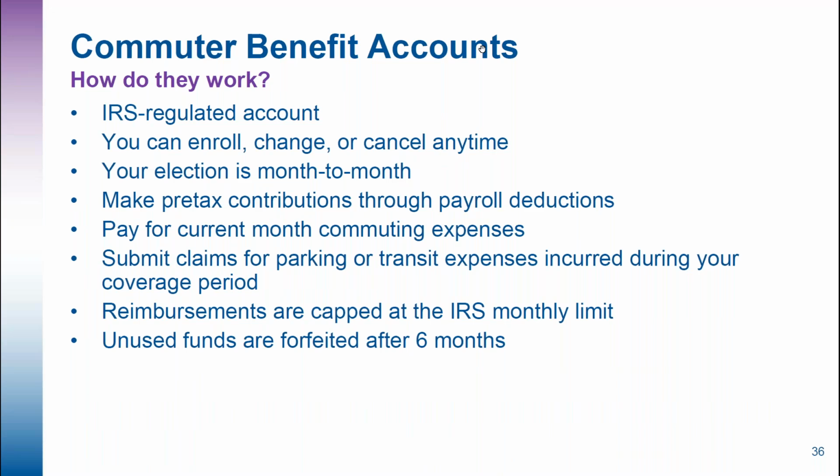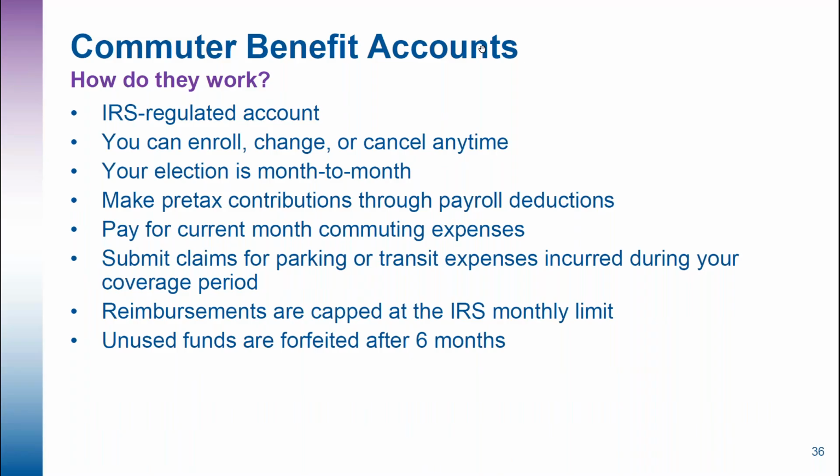You can make pre-tax contributions through payroll deductions and pay for current month commuting expenses. You can submit claims for parking or transit expenses incurred during your coverage period. Reimbursements are capped at the IRS monthly limit, and unused funds are forfeited after 6 months.